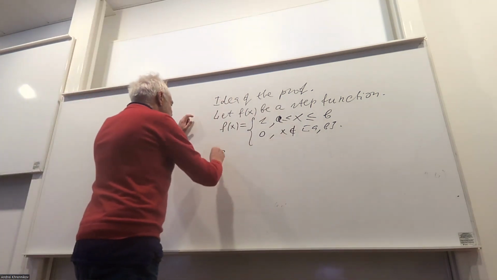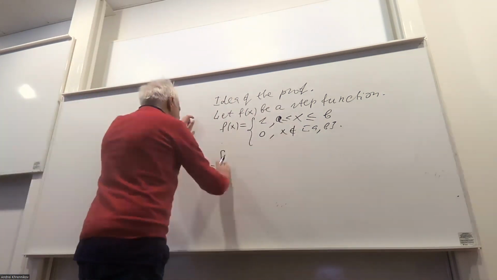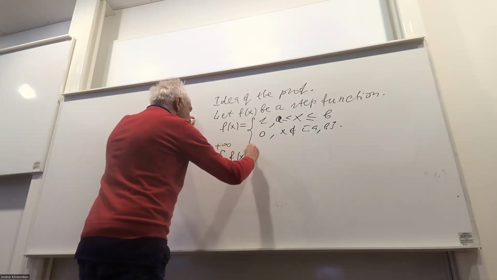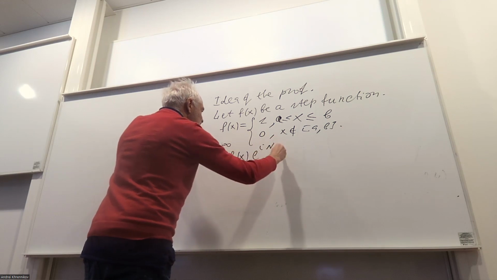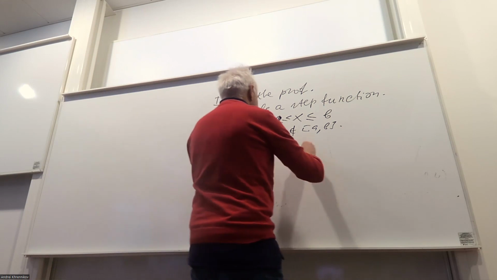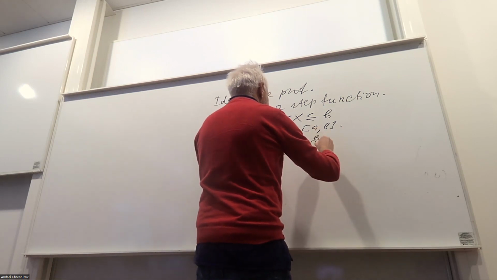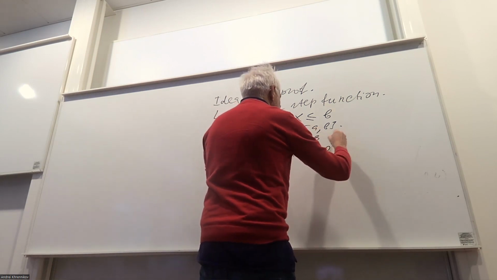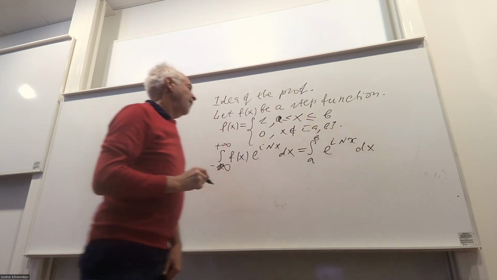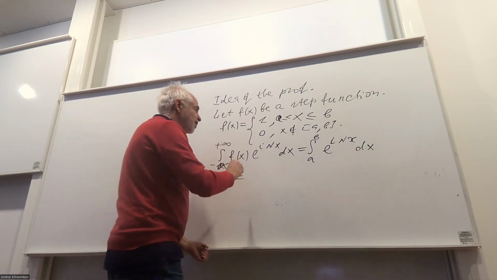So the integral from minus infinity to plus infinity of f(x) e^(inx) dx is the integral from a to b of e^(inx) dx. We can integrate this function.